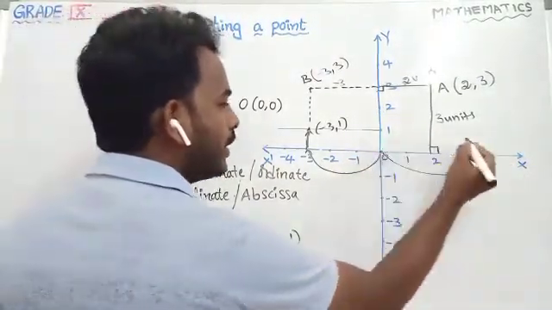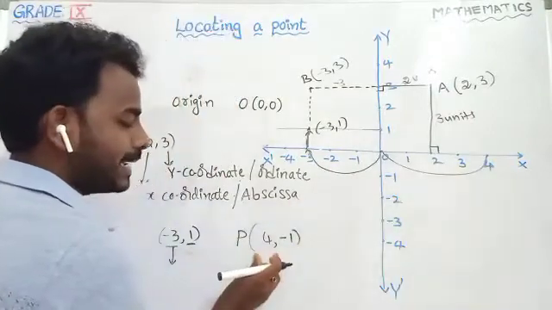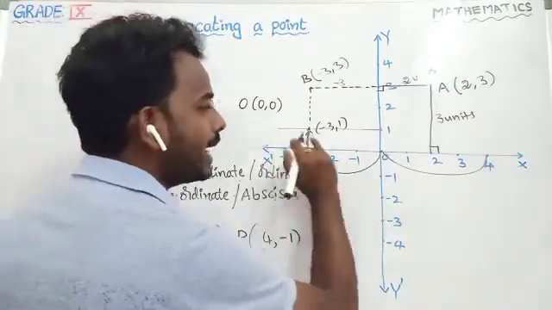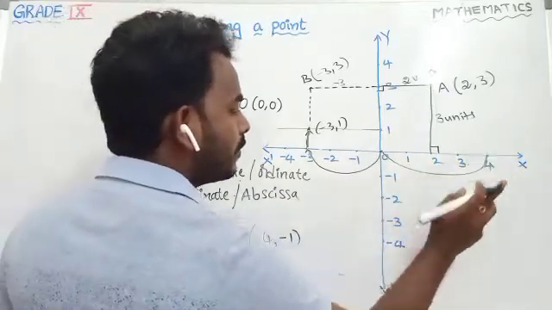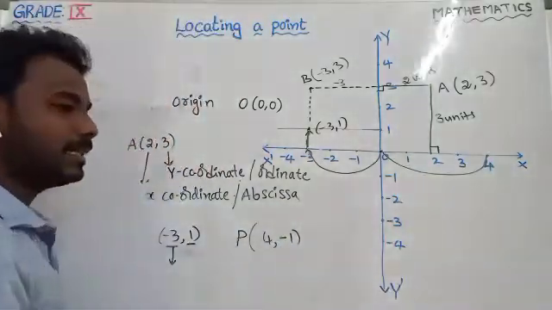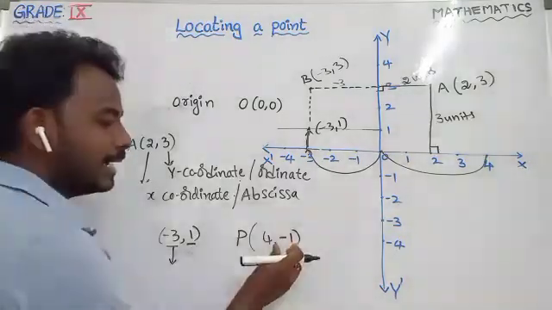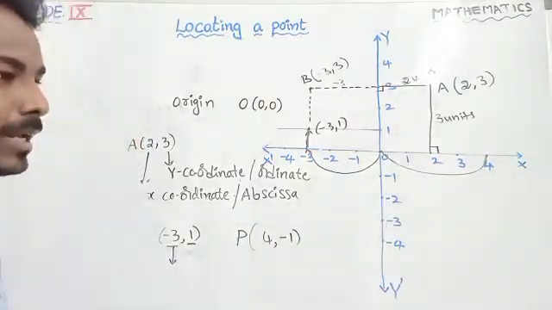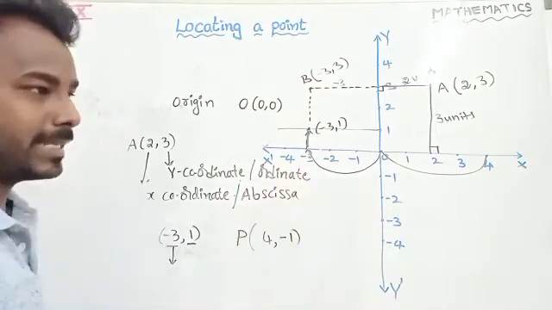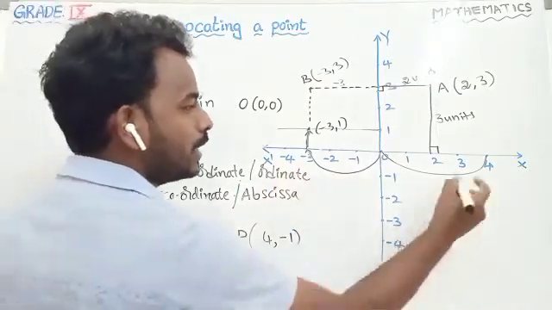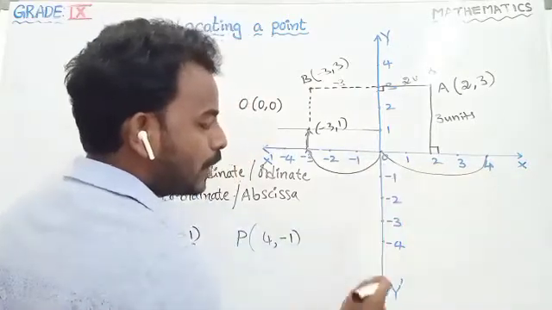After going to 4 on the x-axis, it is the x coordinate, no? So you go on the x-axis only. On the x-axis, 4. You went to 4. And now what is the y coordinate? The y coordinate is -1. So -1 means it is downwards, the negative direction of the y-axis, which is OY dash. So you need to go parallel to OY dash.